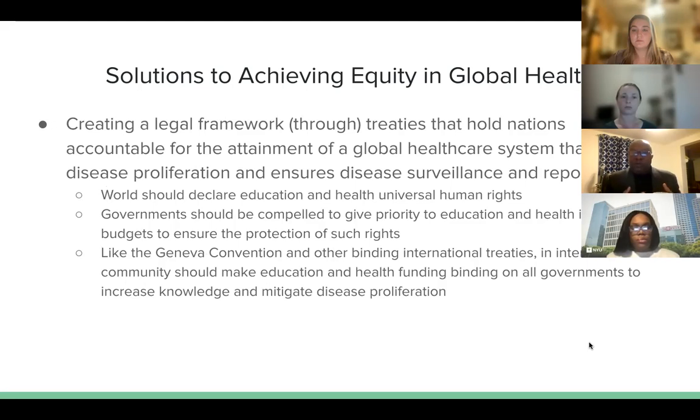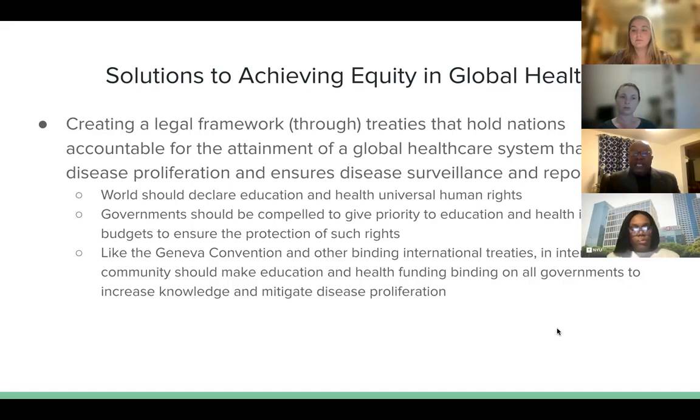Why can't we, the global community, then create a global health system, not just as a suggestive endeavor, but to make sure that we create these policies as global policies through treaties that hold nations accountable for the attainment of a global health care system that minimizes the proliferation and ensures that disease surveillance and reporting are binding on those countries.